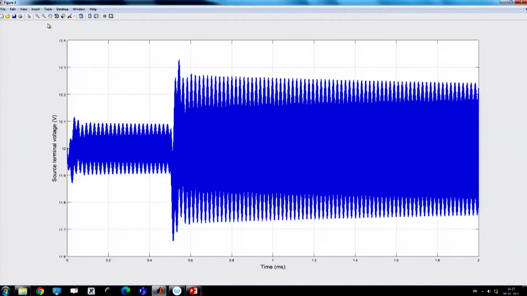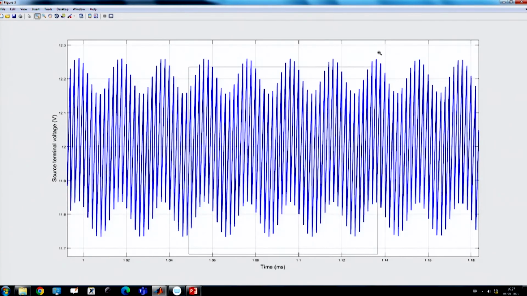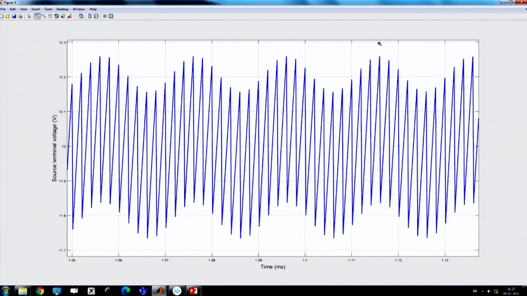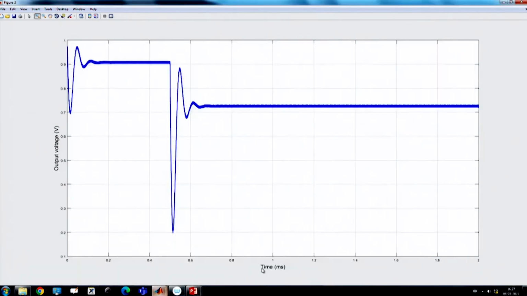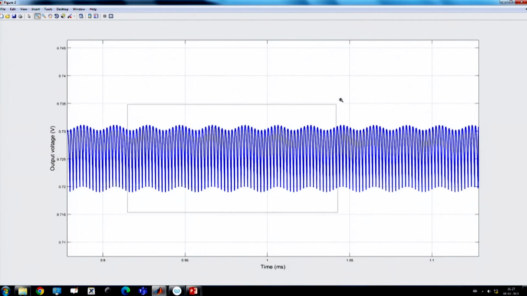That means if you go back, it is getting reflected into the waveform. This supply oscillation is getting reflected to the output side through current, and if you zoom in on the output voltage waveform, you will see the oscillatory behavior.